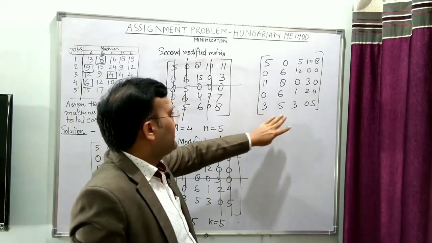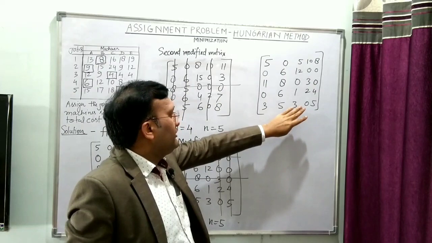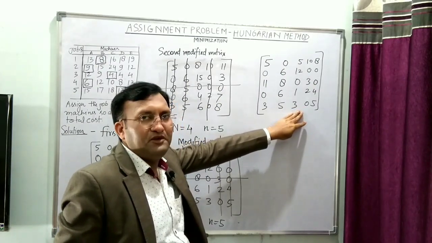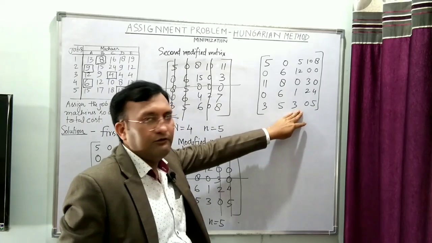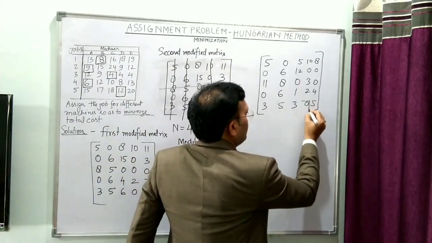Now we can start assigning the jobs. So always remember, we will start our allocation where we have the minimum number of zeros. So first of all we need to assign from there. So we start our assignment over here.